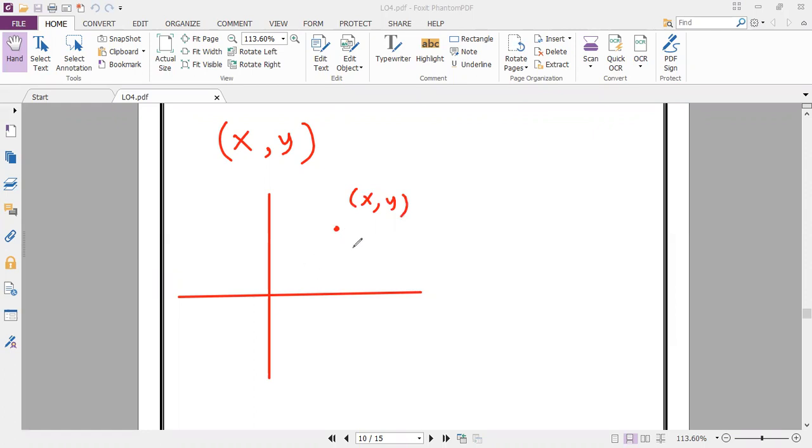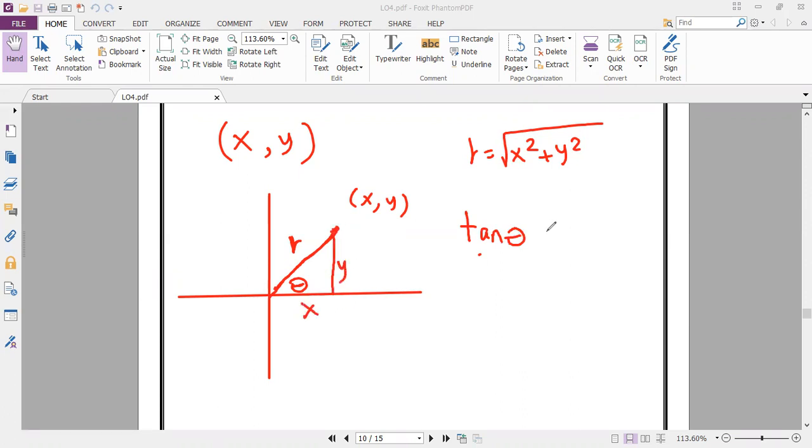We can get them if we manage to find the length r. We can find r as the square root of x squared plus y squared. And how can we find the angle theta? Tan theta equals opposite over adjacent, equals y over x.